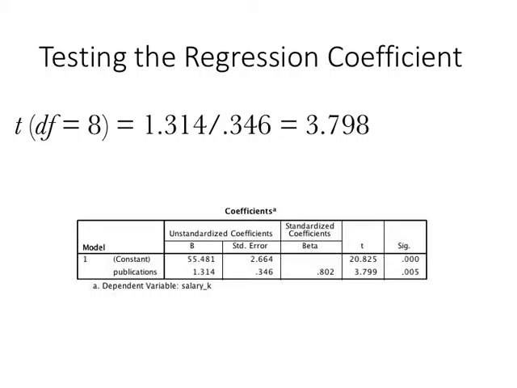And so every time we increment up or down publications, we'd expect Y to increment up or down $1,314. So that understanding, as you do your analyses, as we work with some additional analyses in class, it'll be useful for us to keep that interpretation in mind.